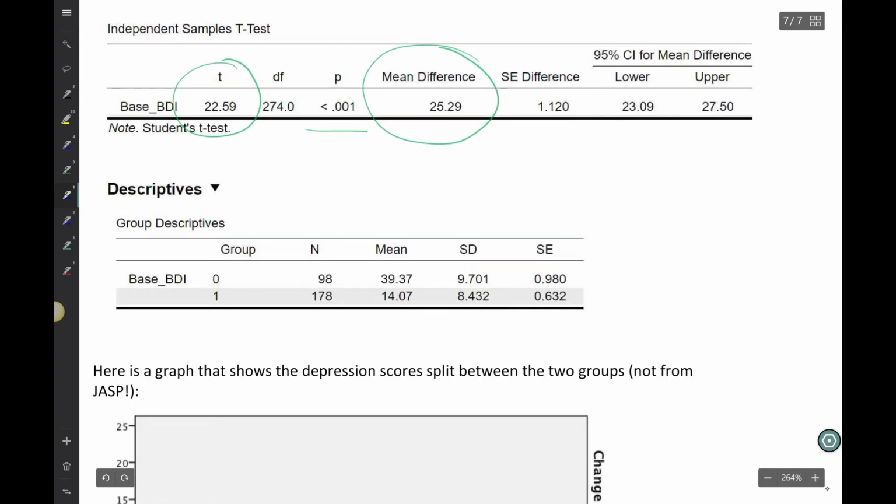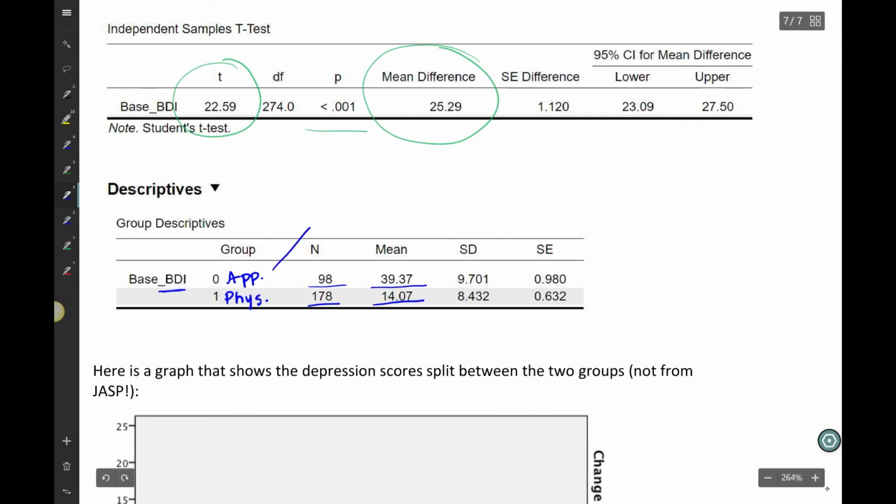So when we look at our descriptive statistics, remember this is the appearance group and this is the physical group. We can see 98 people in our sample said they had surgery to change their appearance, and their average depression score, their average BDI, was almost 40, 39.37. We had 178 people who reported having cosmetic surgery for physical reasons, right, to treat some sort of physical pain or discomfort. And their depression scores, on average, were about 14.